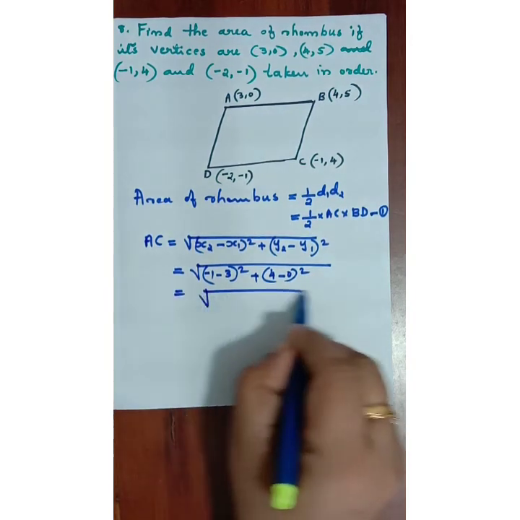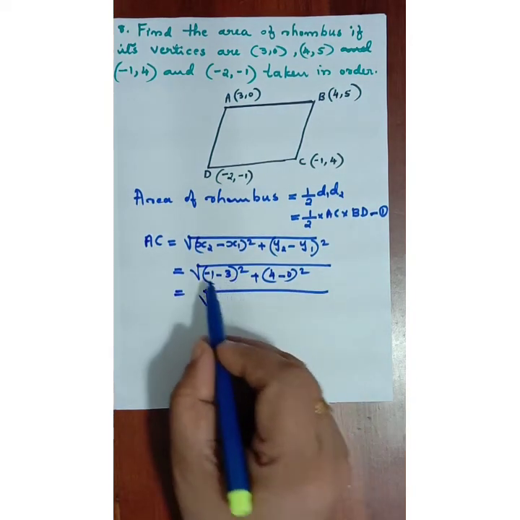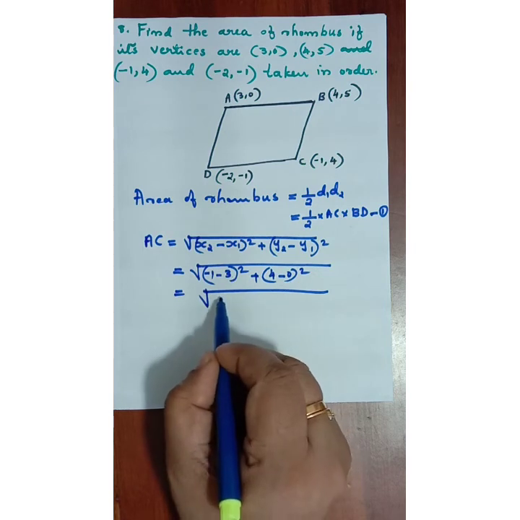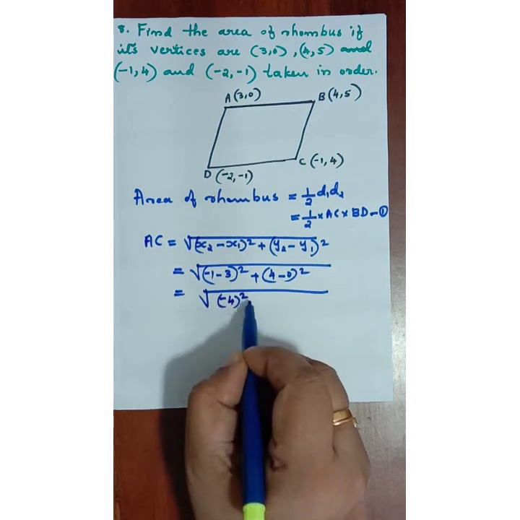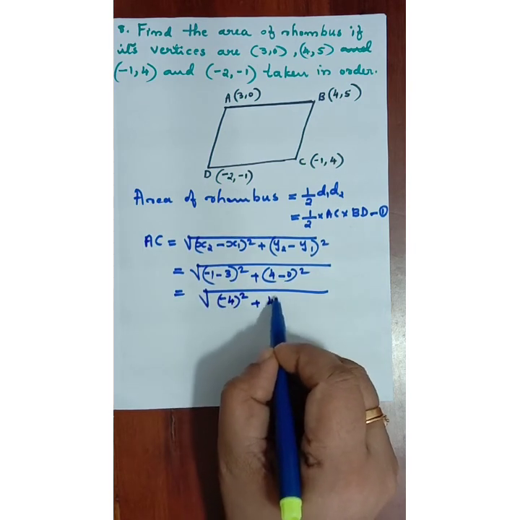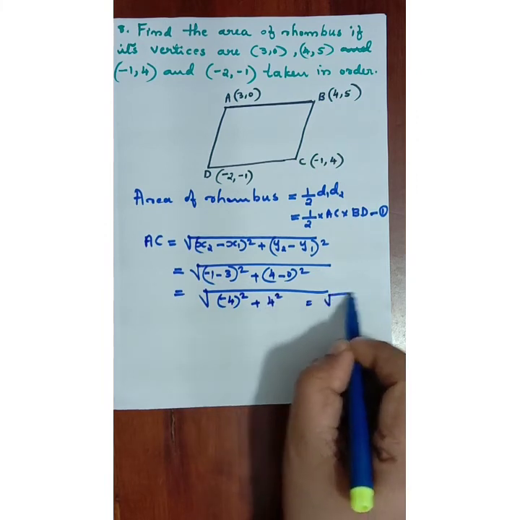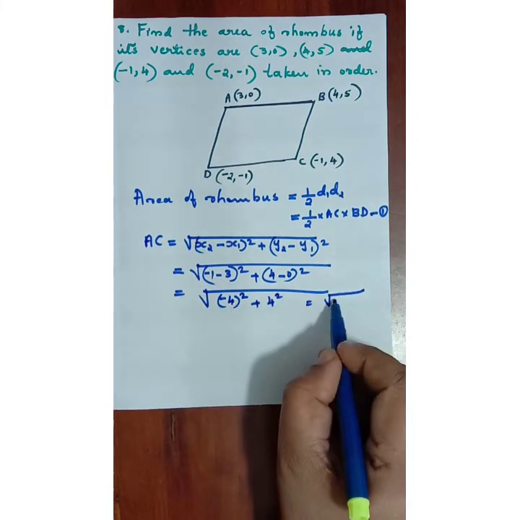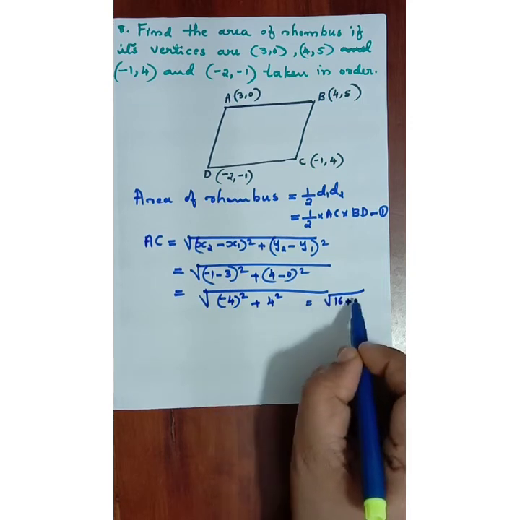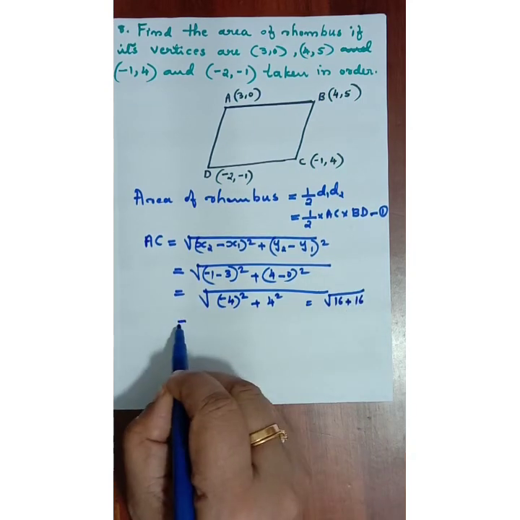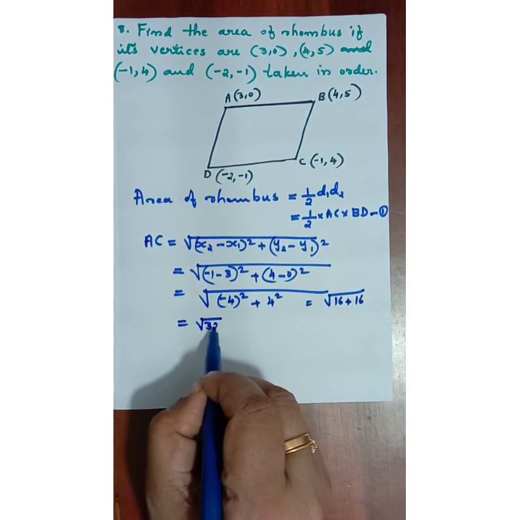So this becomes (negative 1 minus 3), that is negative 4, whole square, plus (4 minus 0), that is 4 square. So what is that equal to? Square root of 4 square is 16 plus 4 square again 16. Is that equal to root 32?